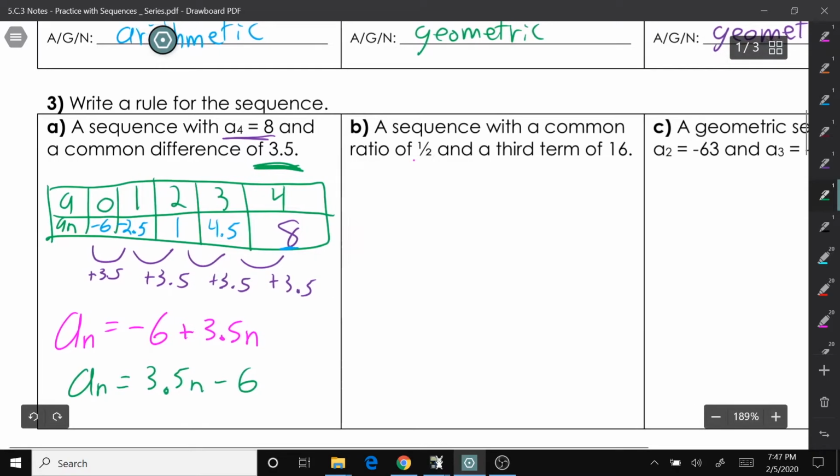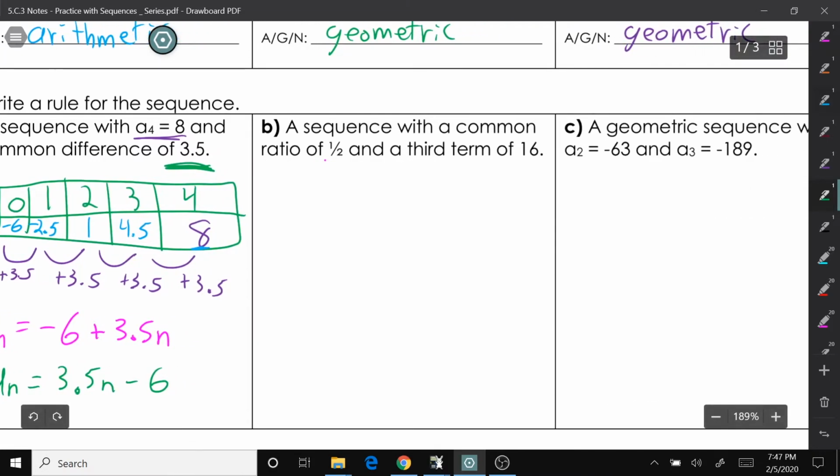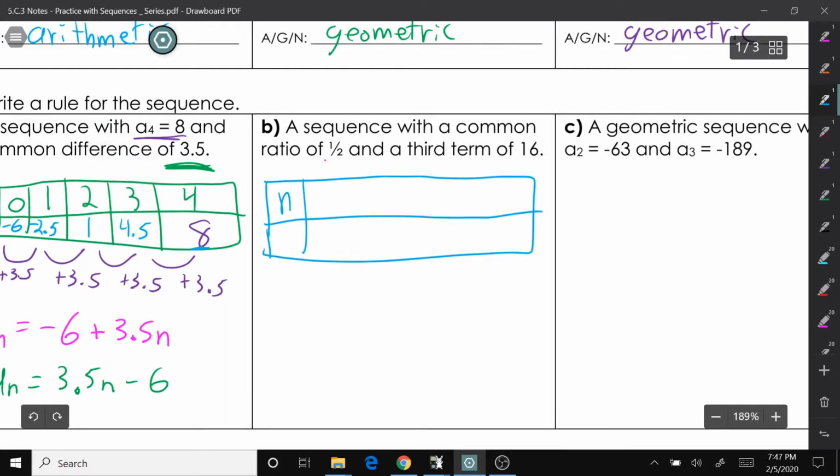Right, now, letter B. Okay, so same idea. Let's make a table. We have an, so 0, 1, 2, 3. Oh, we don't need to go up to 3 because it says the third term is 16. Now it says a common ratio of 1/2, meaning I would multiply by 1/2 each time.